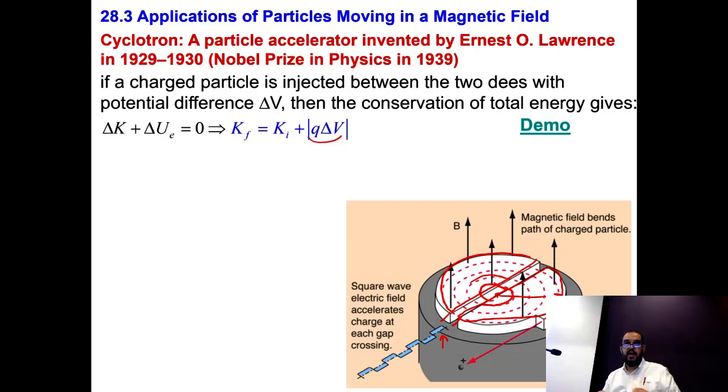If it goes through 1,000 times between the two Ds, you can reach 1,000 Q delta V.